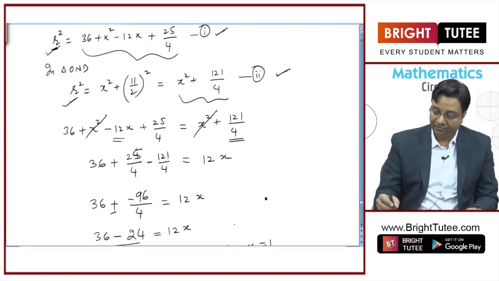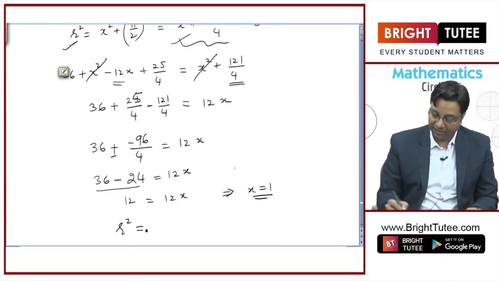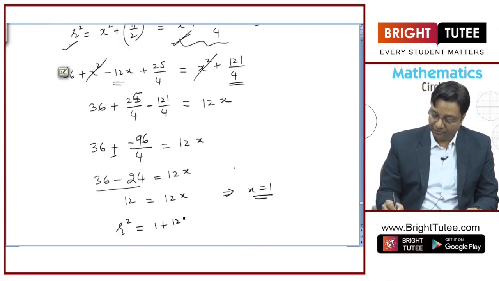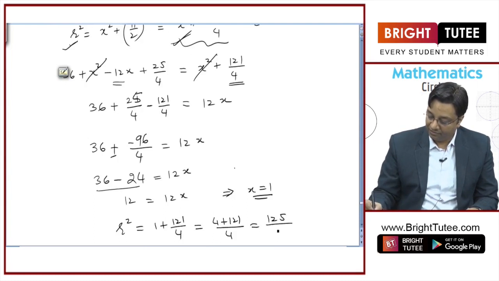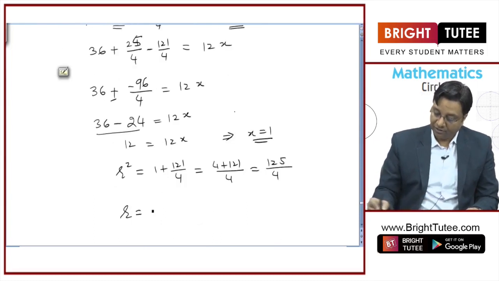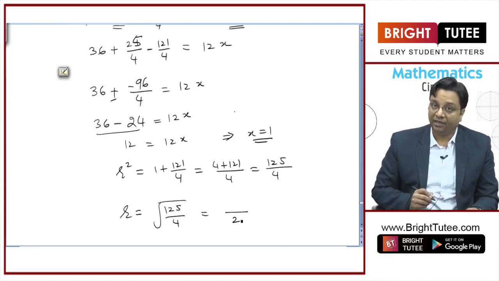Now if I replace the value of x in any of these equations, I will get r square easily. r square is equal to 1 square, that is 1, plus 121 by 4, which is equal to 4 plus 121 by 4, 125 by 4. So r is equal to square root of 125 by 4, that is, in the denominator I will get 2.